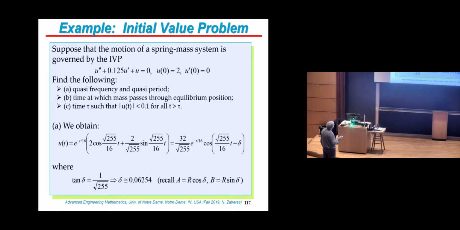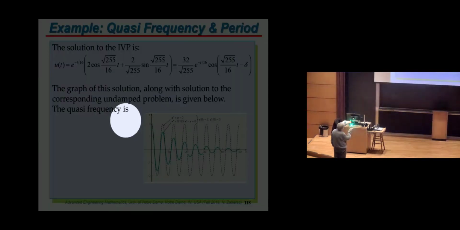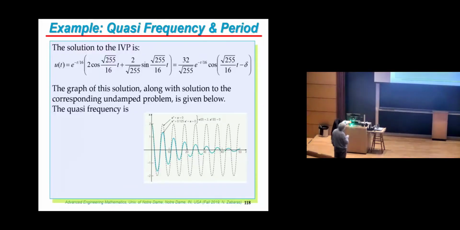There is an example in the notes that maybe you already have studied, and I don't really want to go into any details. I just wanted to show you the effect of damping on a very simple problem without any forcing terms, so you can actually see the solution. The dotted solution corresponds to 0 damping, all right? And you can see the solution with very small damping, and the initial conditions are the same for both systems.